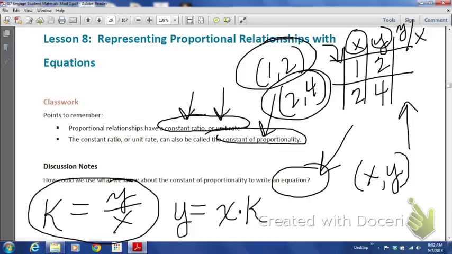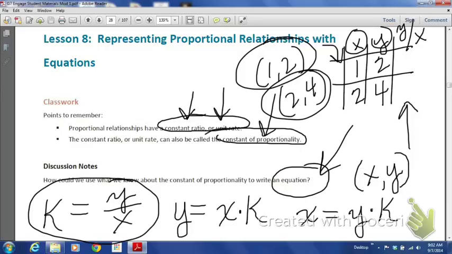And how about if we wanted to solve for x? What would x equal? Let's go to our table.